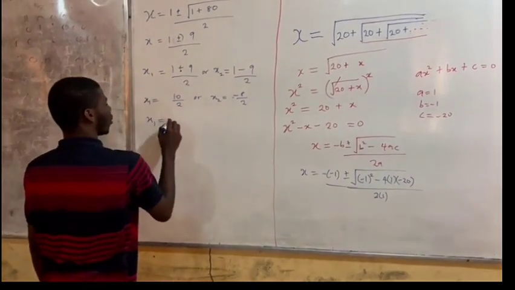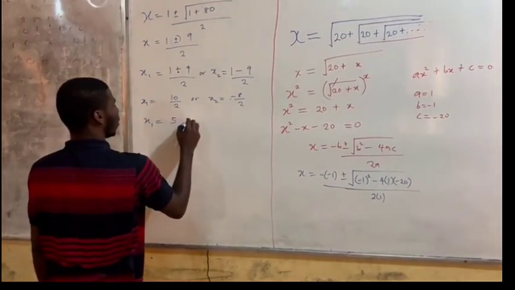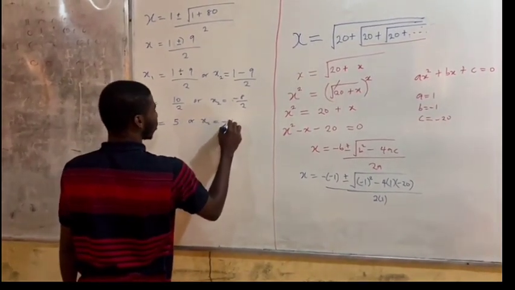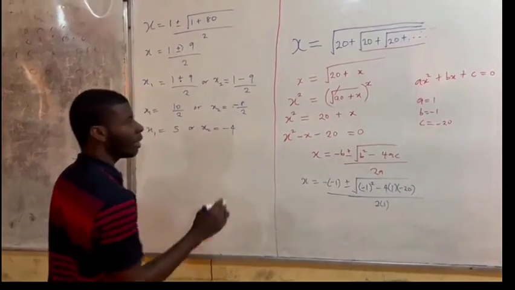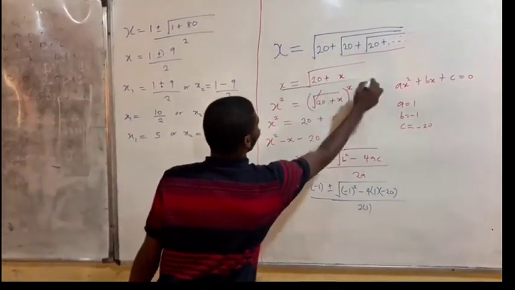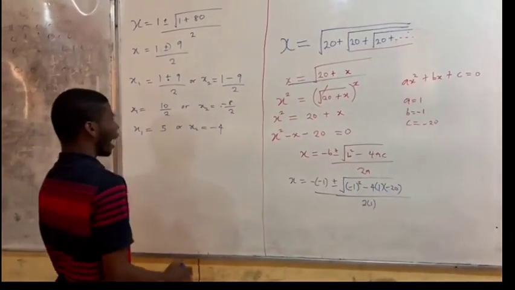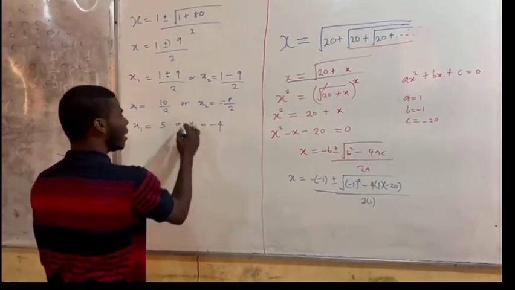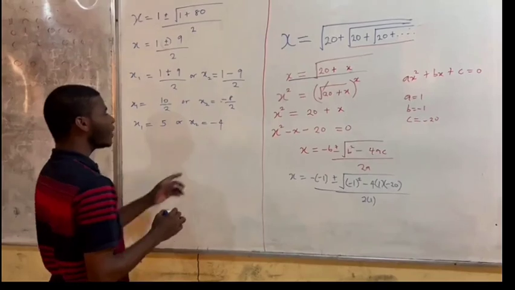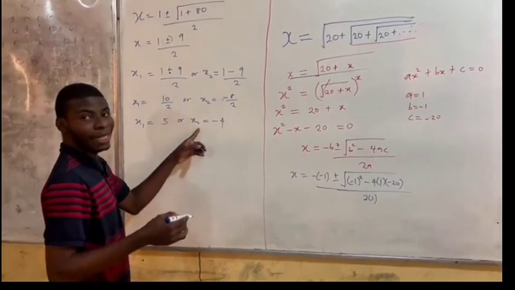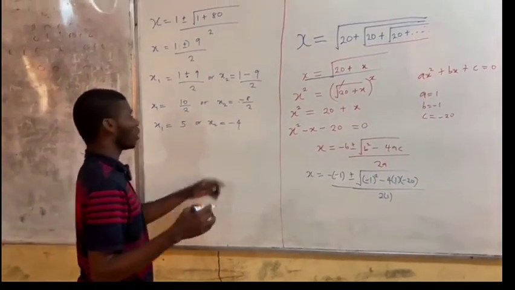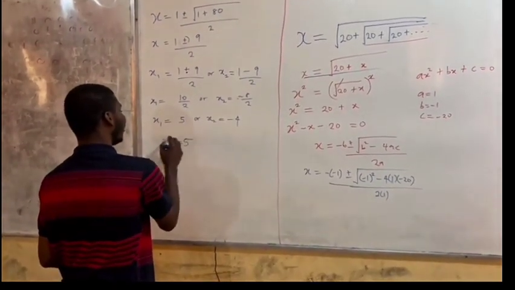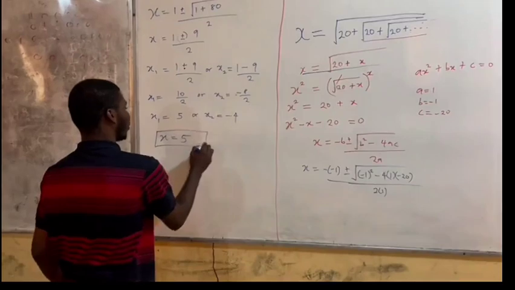So x1 is equal to 5, or x2 equals minus 4. But don't forget, we are dealing with a square root here, and in a square root, there is no way you can have a negative answer. A negative answer in this case means it's an extraneous solution. So x equals 5 is the real solution for this problem.